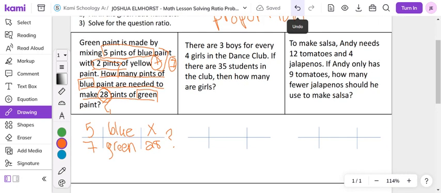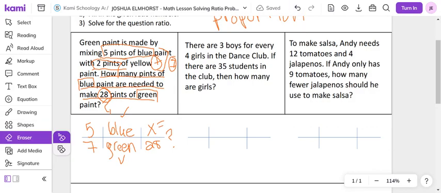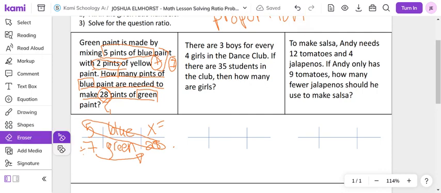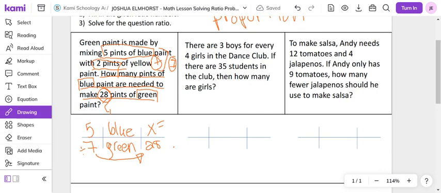So now that we've read the question and we set up the ratio blue to green as the question was asking, and we're trying to solve here for x, now we're ready to solve the proportion. There's a couple different ways to do this. If you don't know factors, you can cross multiply and then divide by 7, but just looking here, there's a simple factor. 7 times 4 is 28.